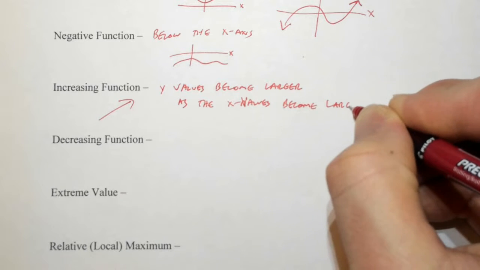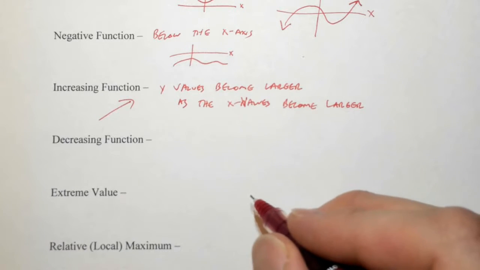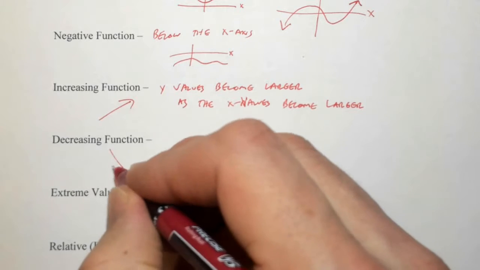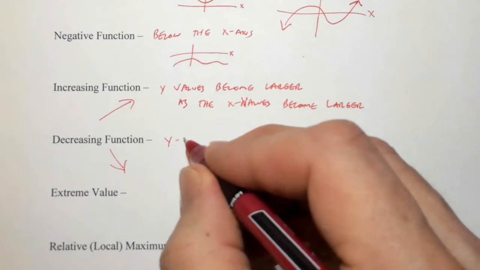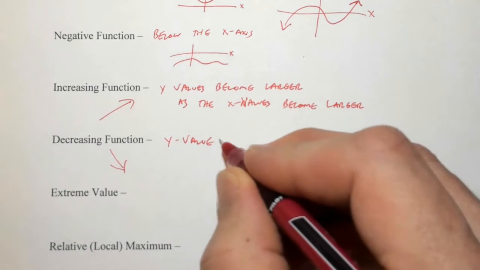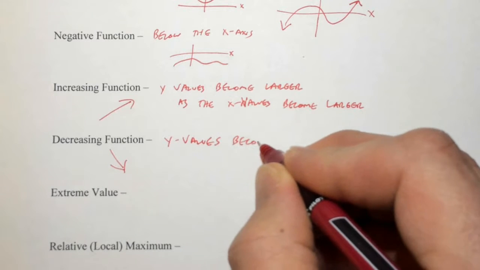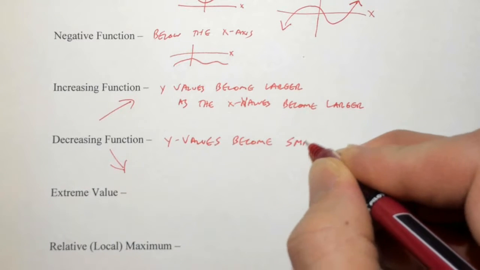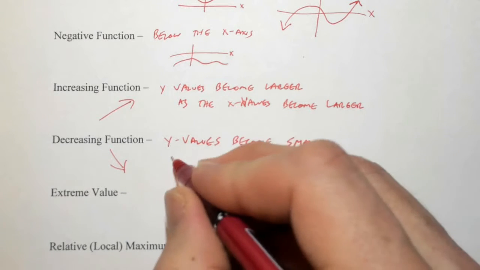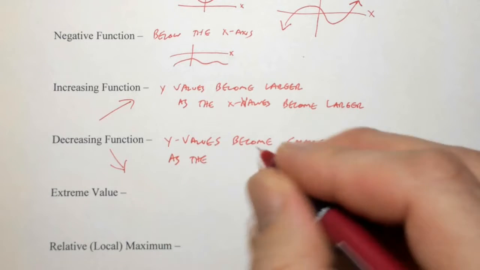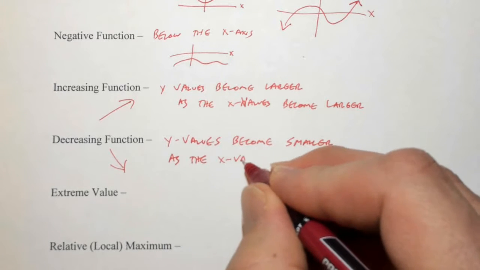And a decreasing function is the opposite. Instead of the values becoming larger, they'll be becoming smaller. So the y values become smaller as the x values also become smaller.